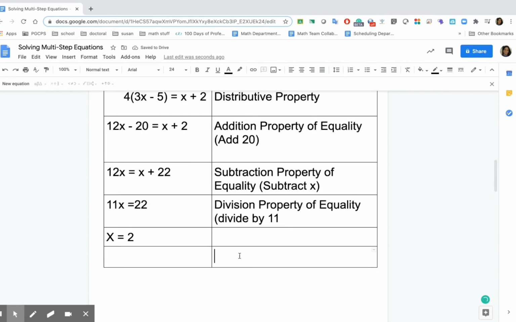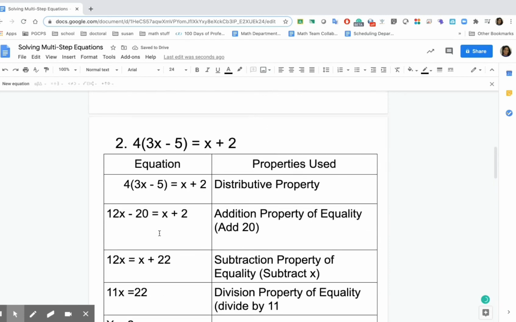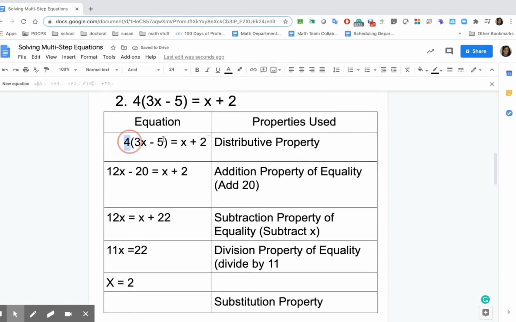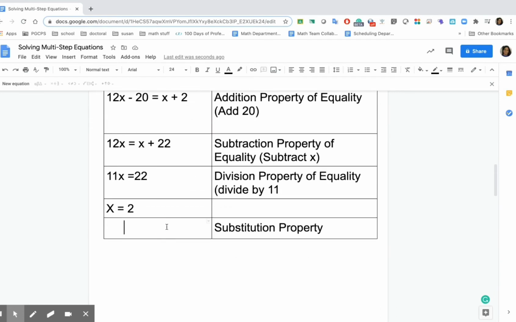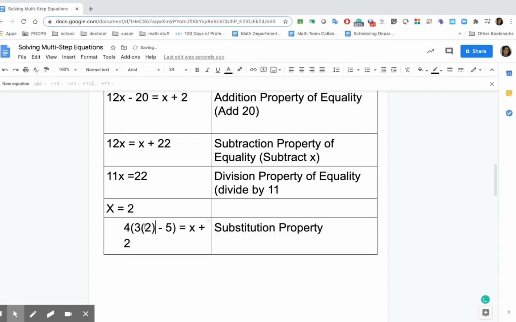To check if the answer is correct, we will use the substitution property. Now let's copy the equation and substitute x by its value 2. So this will become 3 times 2, and here x will become 2.